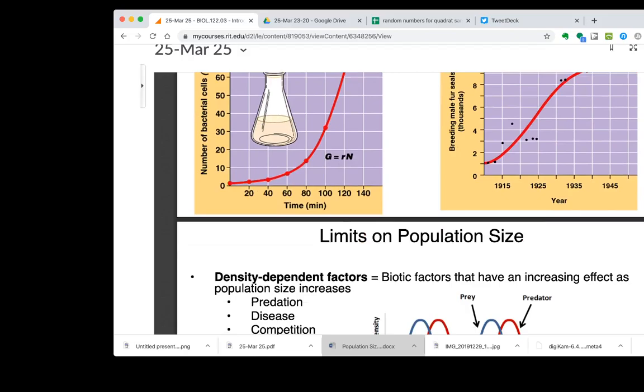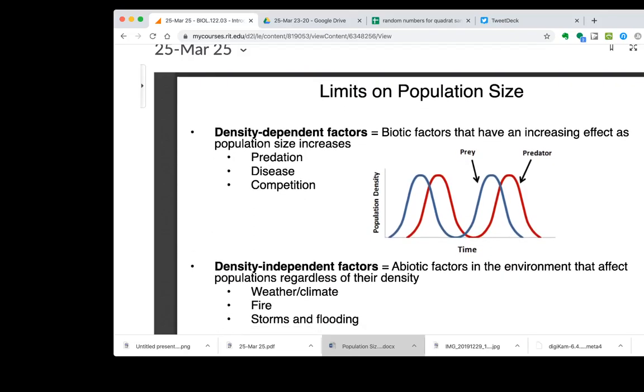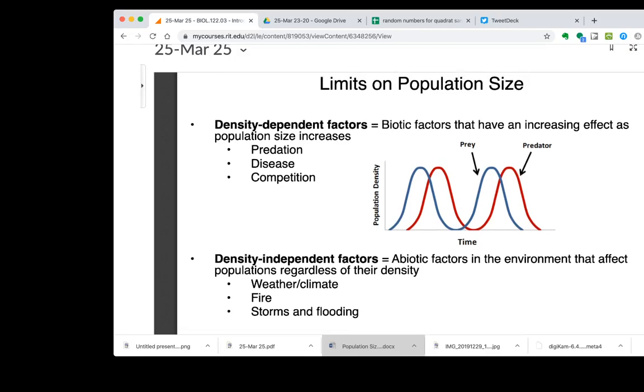So I just want to move on to that idea of what sorts of things limit population size. They're broken up into two different categories. There are density dependent factors, and those are things that come into play as the population grows.